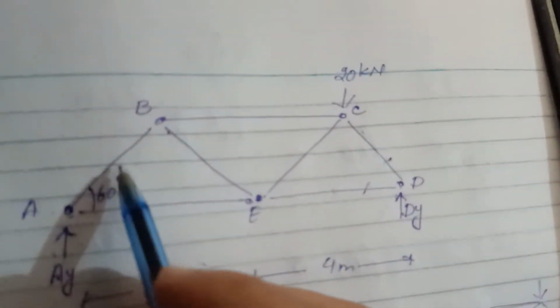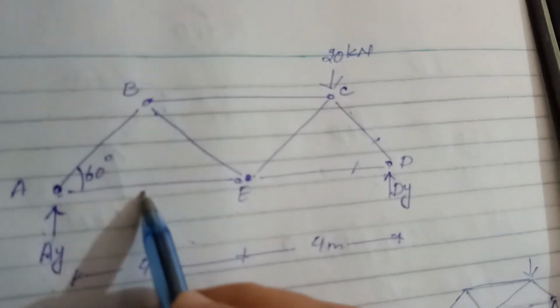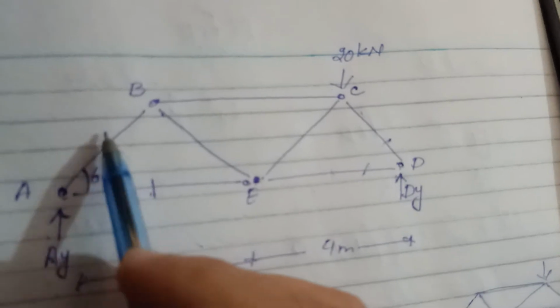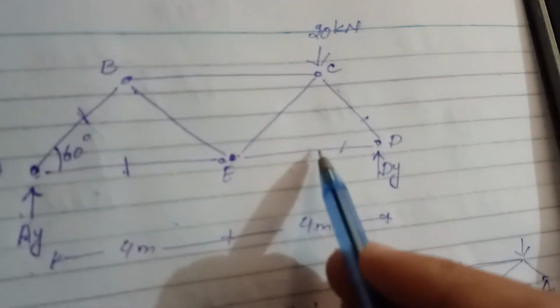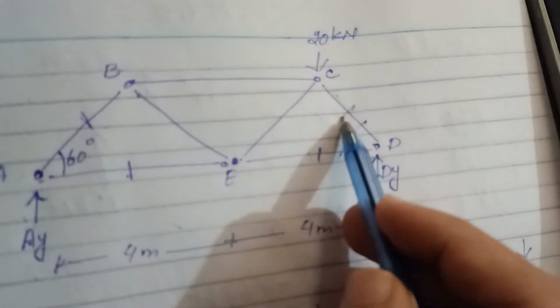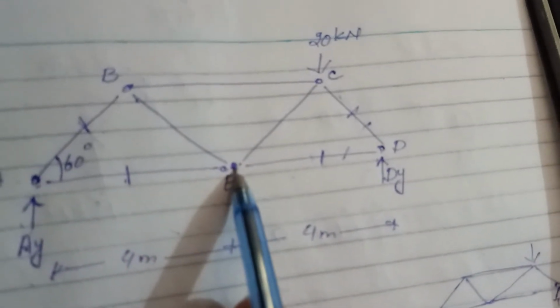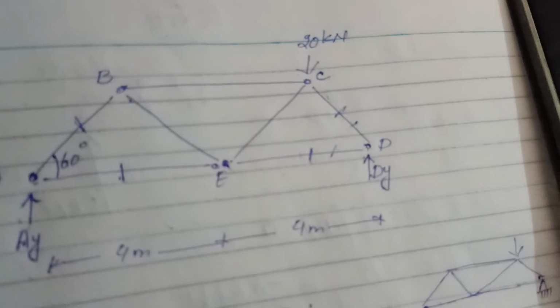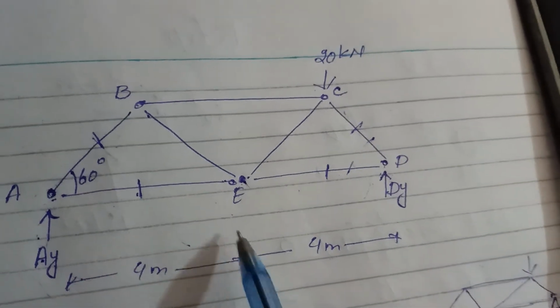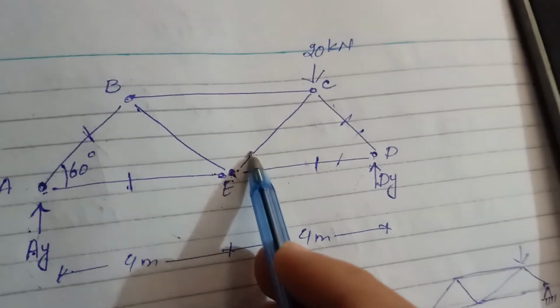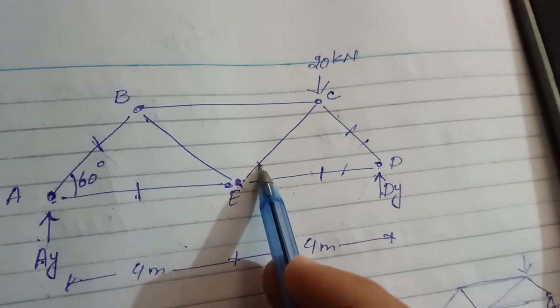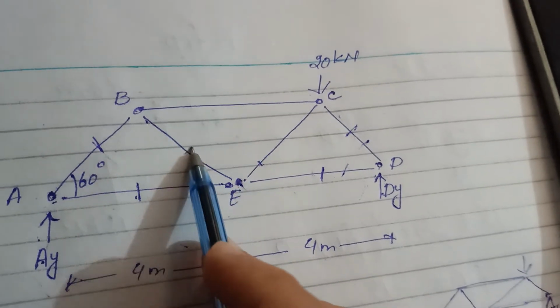Now see that we have found these values. If you want to use joint E, you can use it, because there are only two unknowns, that is CE and BE.